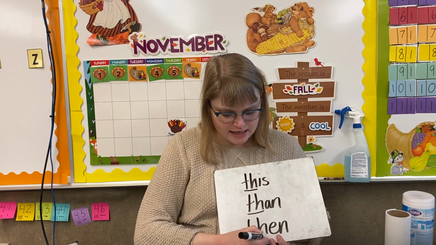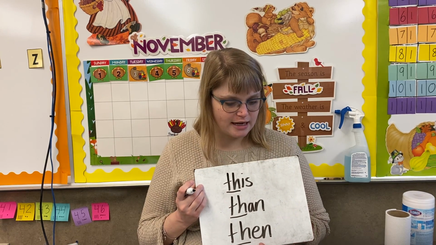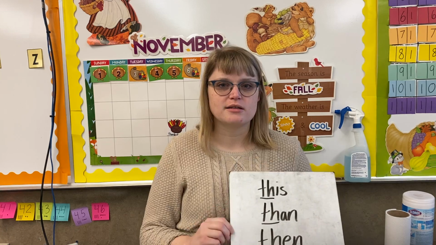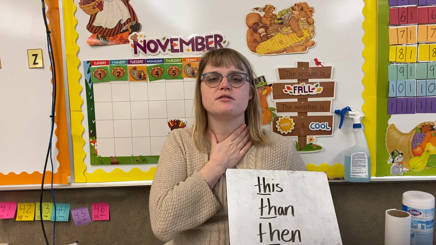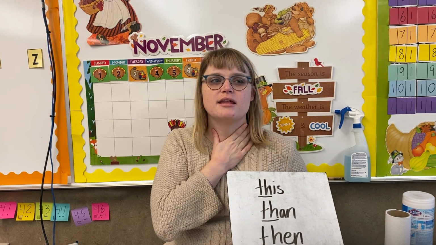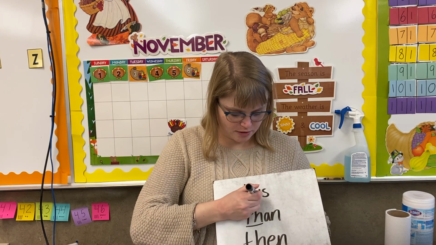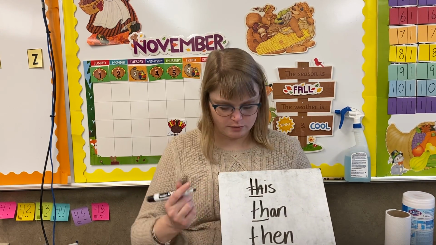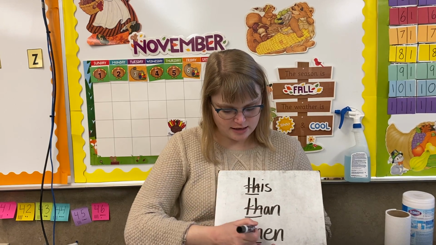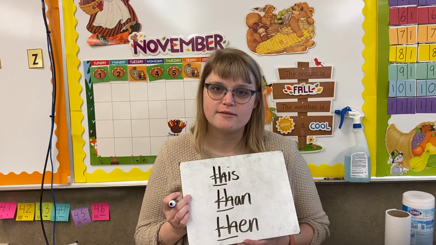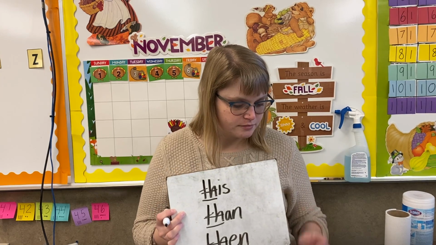So digraph TH makes two different sounds. Now, is this one voiced or unvoiced? Put your fingers on your throat. This one is a voiced one. So that means we're going to put a voice line through it when we code it. So we're going to underline it and then put a voice line if it makes the voiced sound.